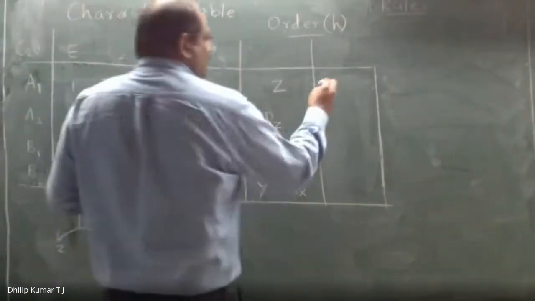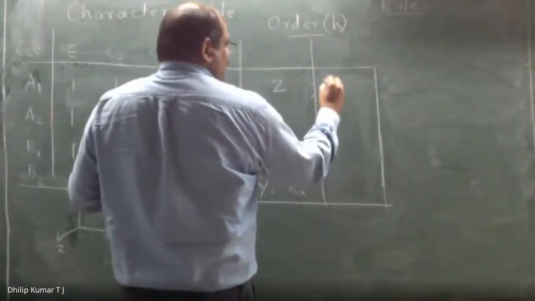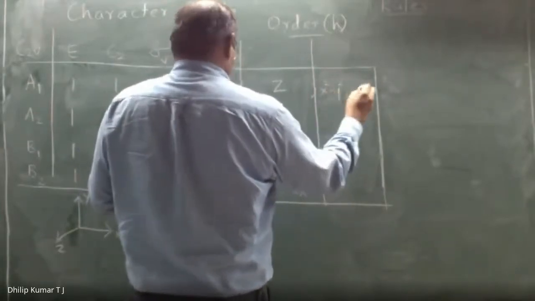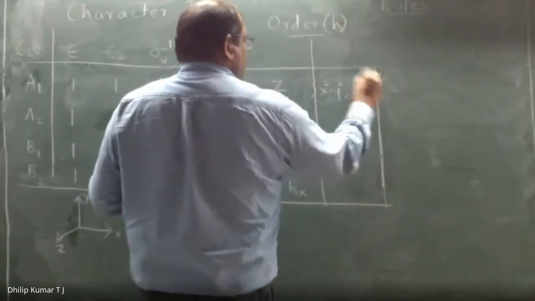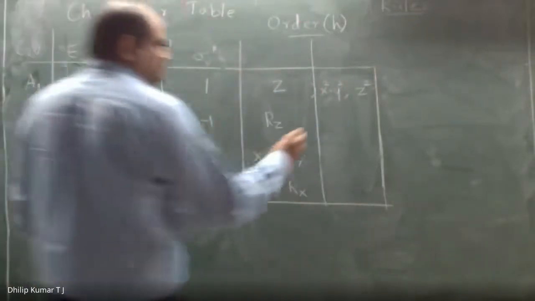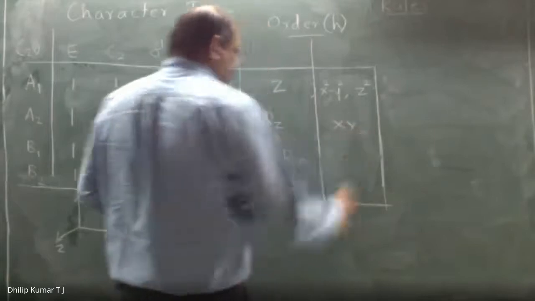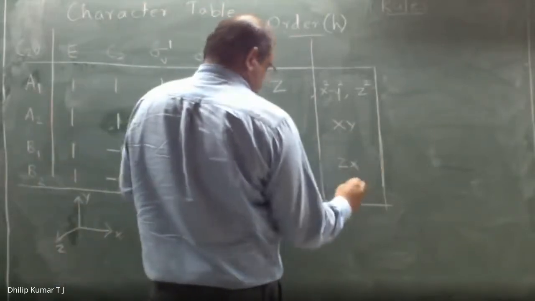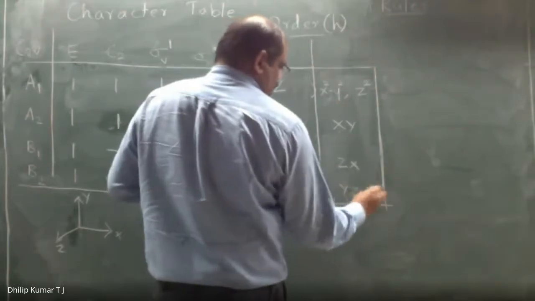Here we have x squared minus y squared, z squared for A1, then xy, zx, and yz.